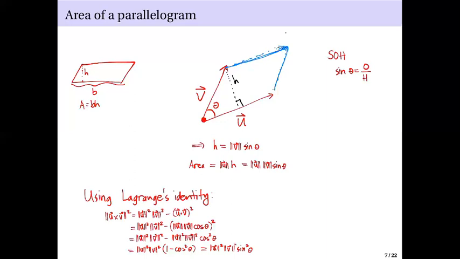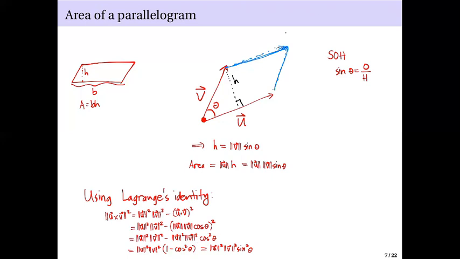Oops, I forgot the squared in here. So what does this mean? The norm of u cross v, you square that, it gives you norm of u squared, norm of v squared, sine squared theta.